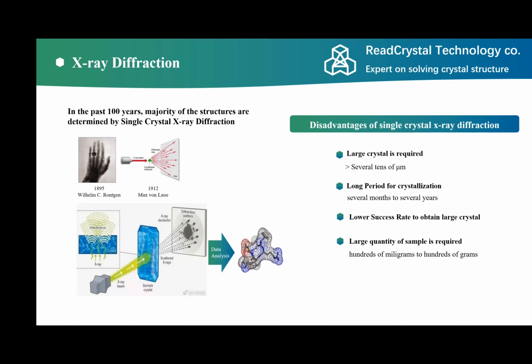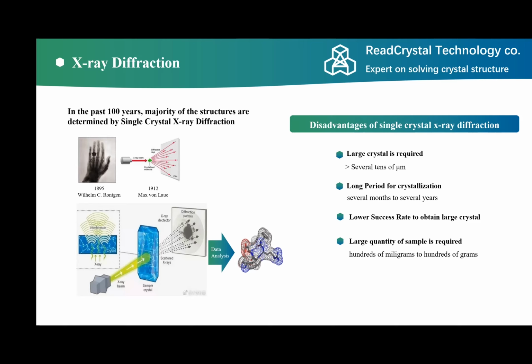Because of this, in many cases it takes a very long time to get a structure, because we have to grow a crystal big enough, especially in structural biology. It might take a researcher several months to several years to grow a crystal big enough for diffraction.